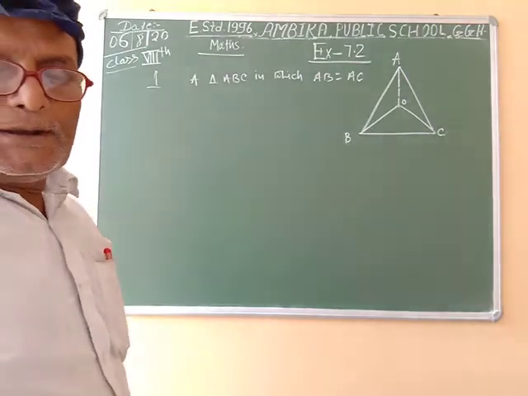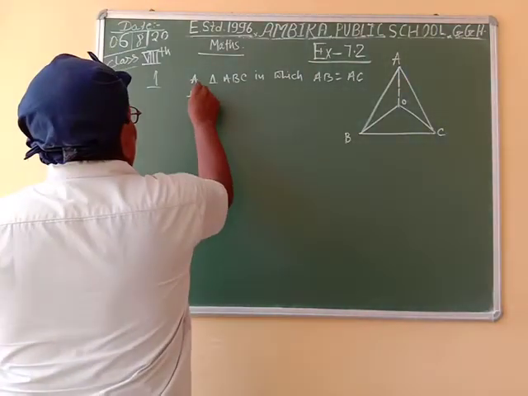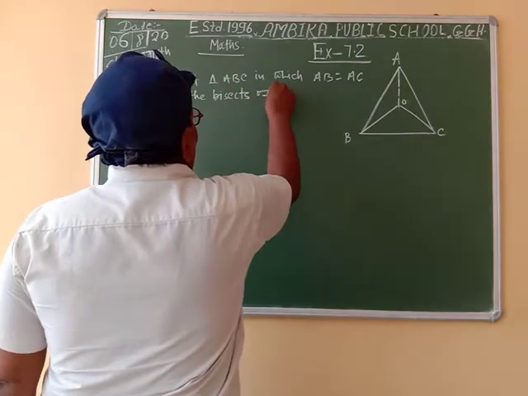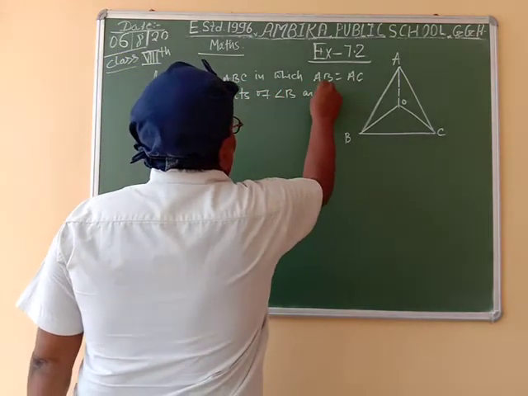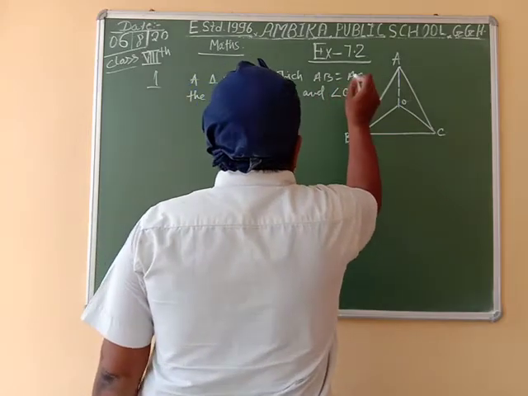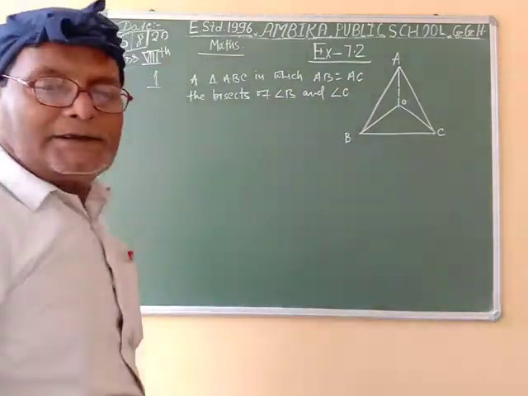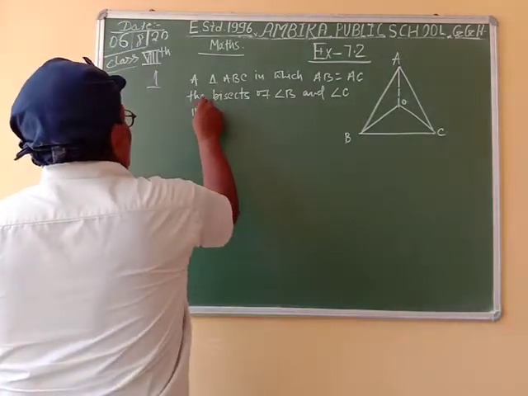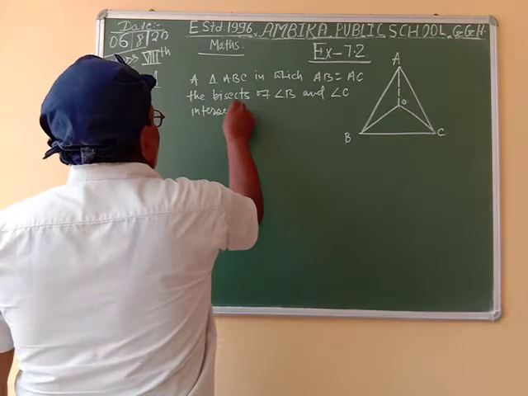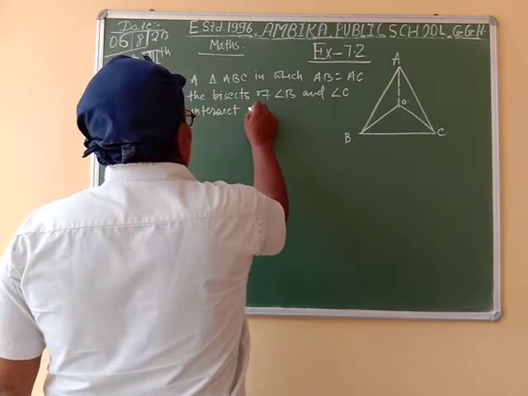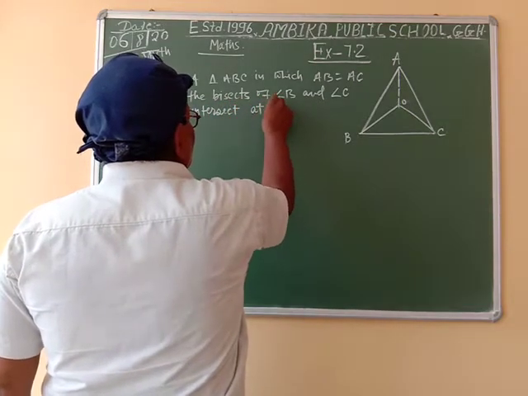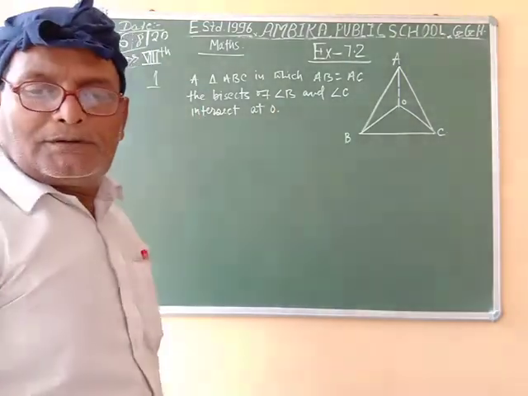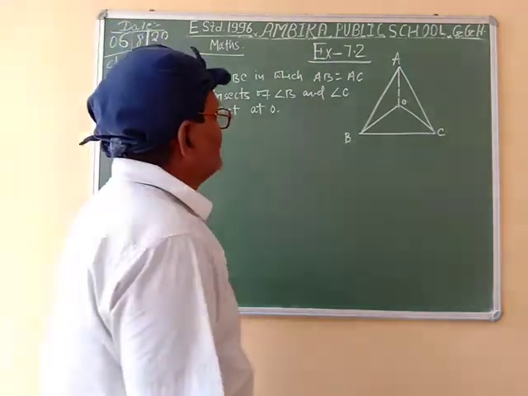The bisectors of angle B and angle C intersect each other at O. We have to prove that OB is equal to OC.